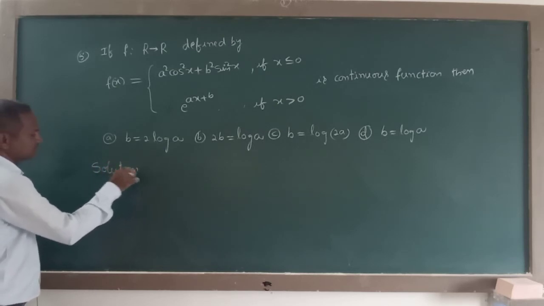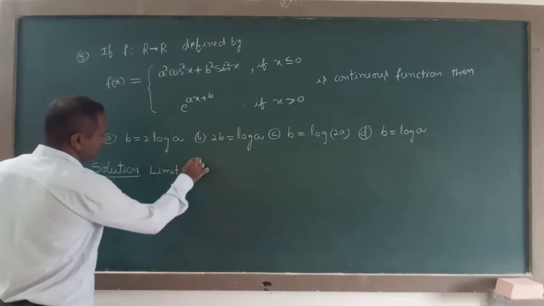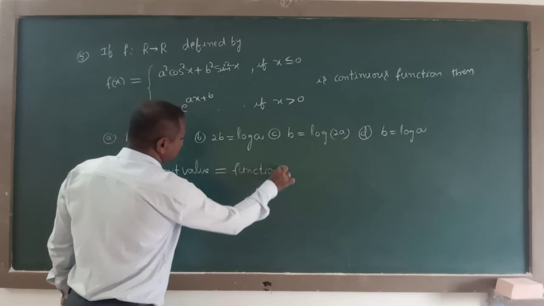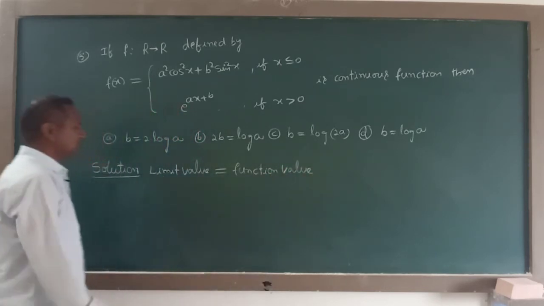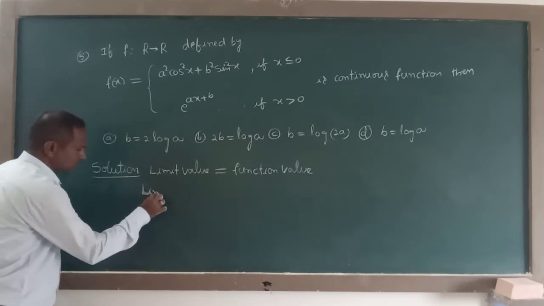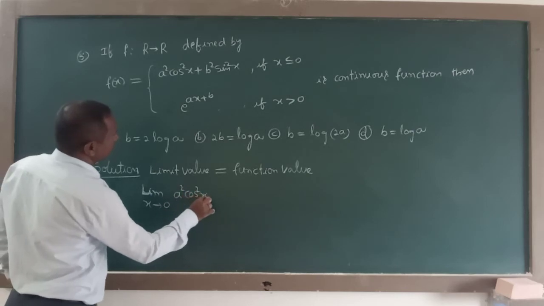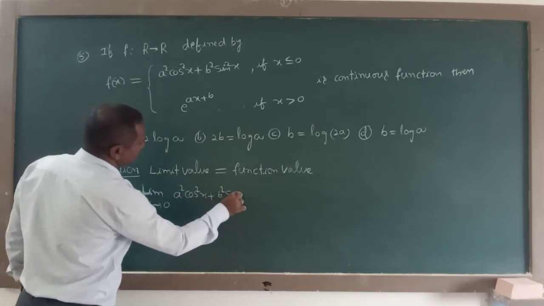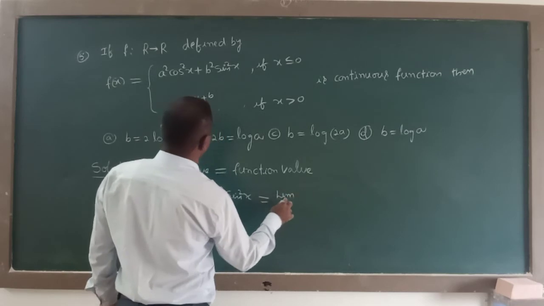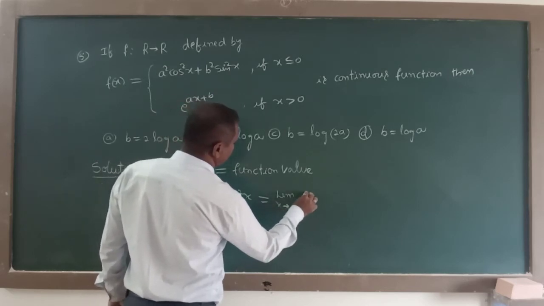Solution to this question: limit value is equal to function value. Limit value is limit x tending to 0 of a square into cos square x plus b square into sin square x, equal to limit x tending to 0 of e to the power of ax plus b.